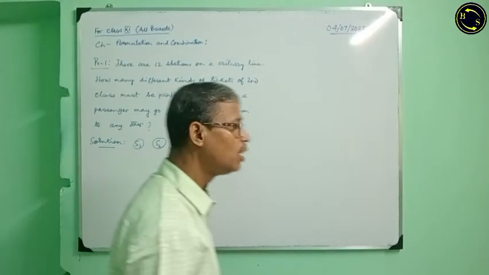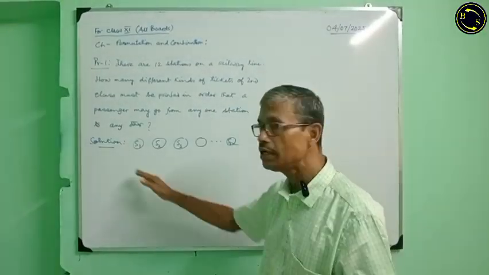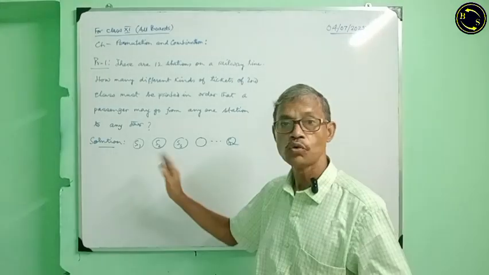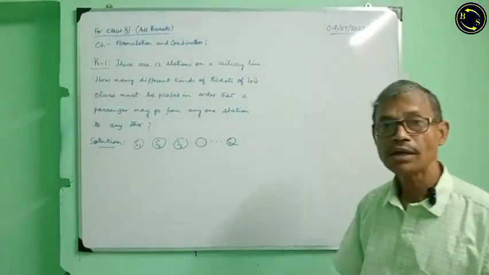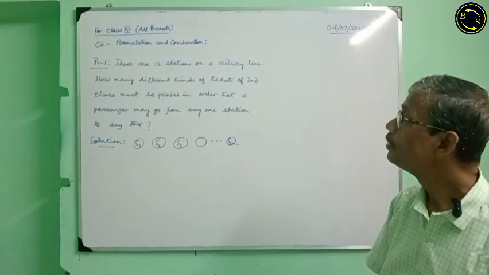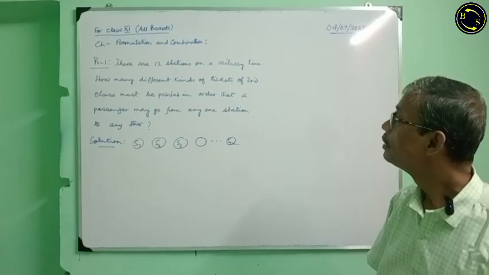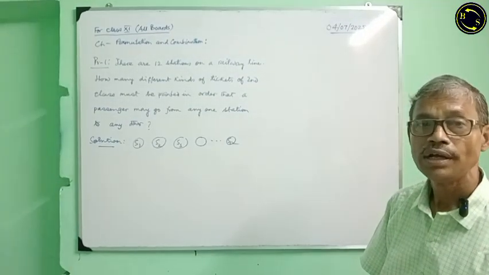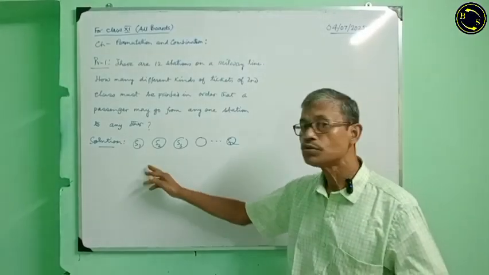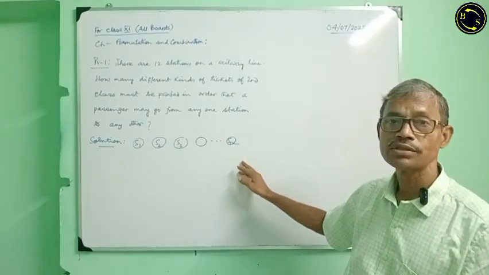Now, a person wishes to start from any of the 12 stations, then how many types of tickets are to be printed? That means we have to consider any of the 12 stations.